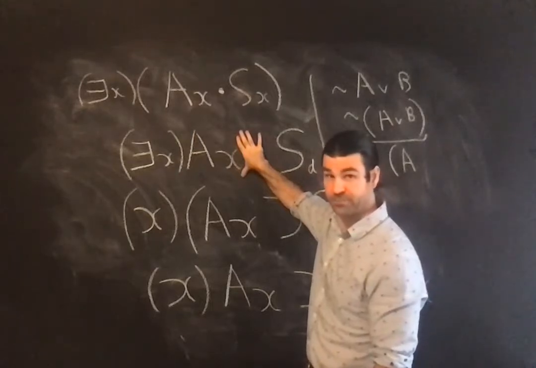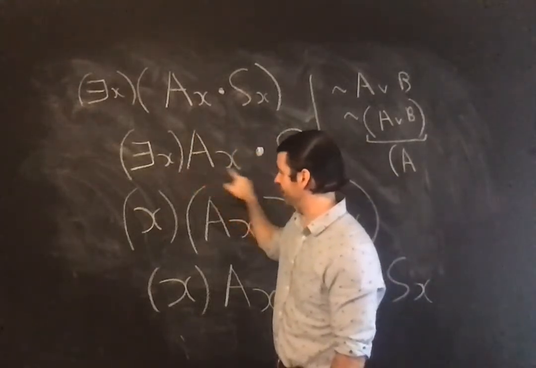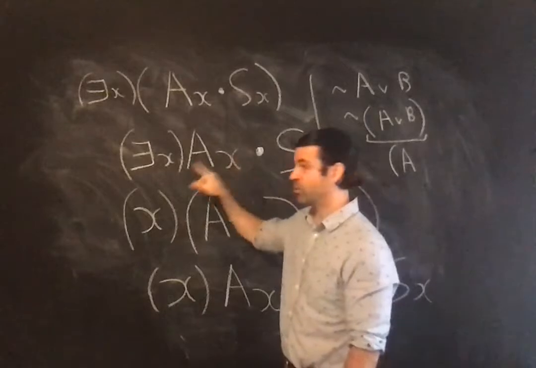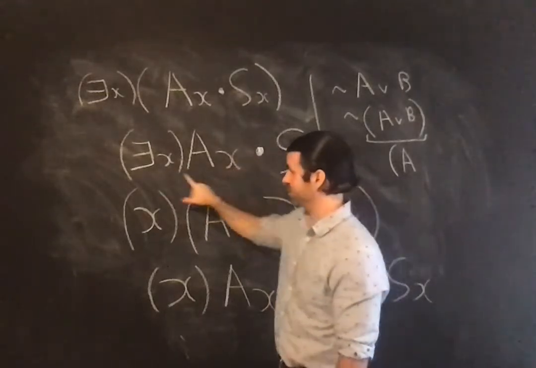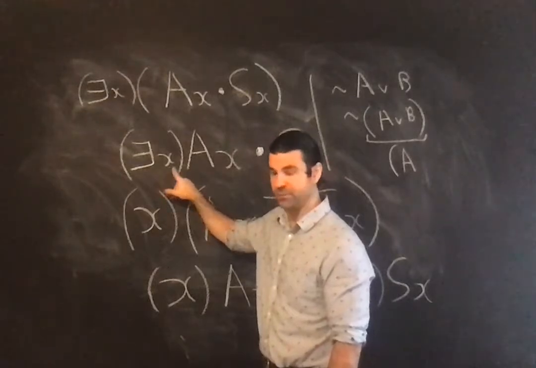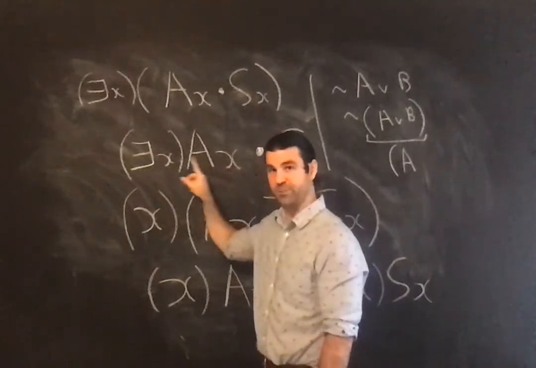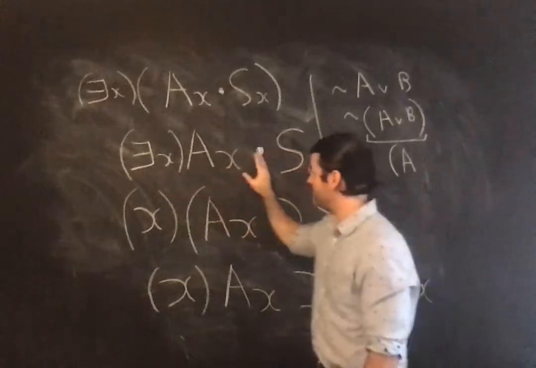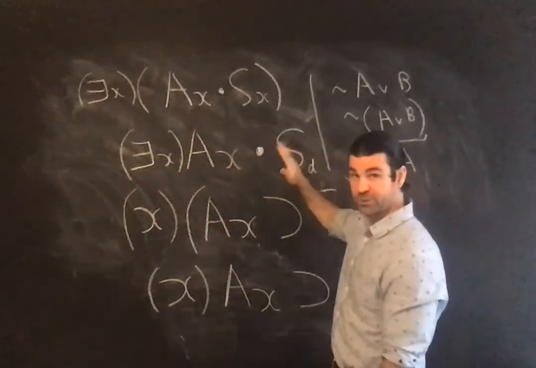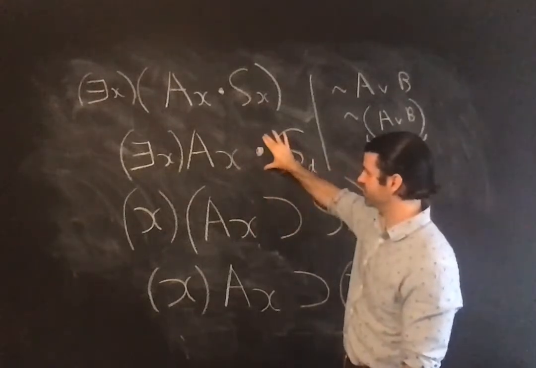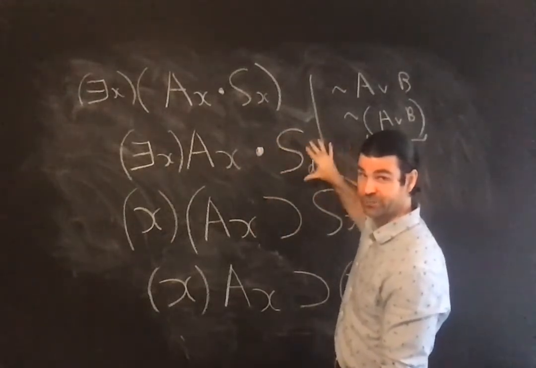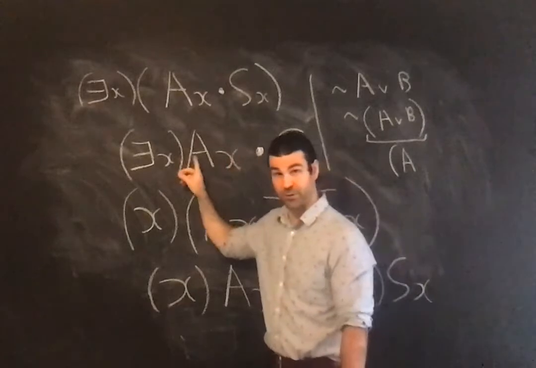This is a complete formula, which means that is the scope of my quantifier, which means this variable x is bound by this quantifier. But any other variables that turn up are not, okay? Whatever follows here, if there's any x's over here, none of them is bound by this quantifier.